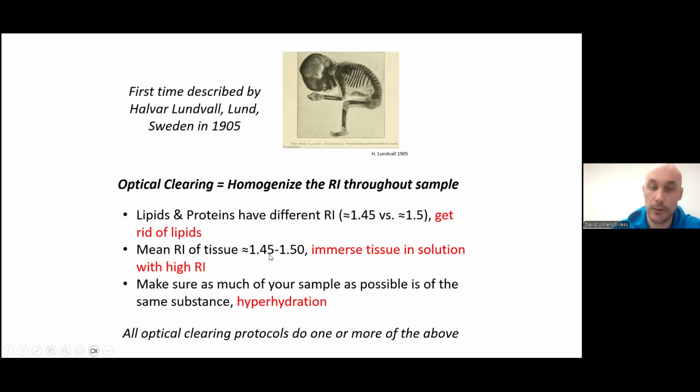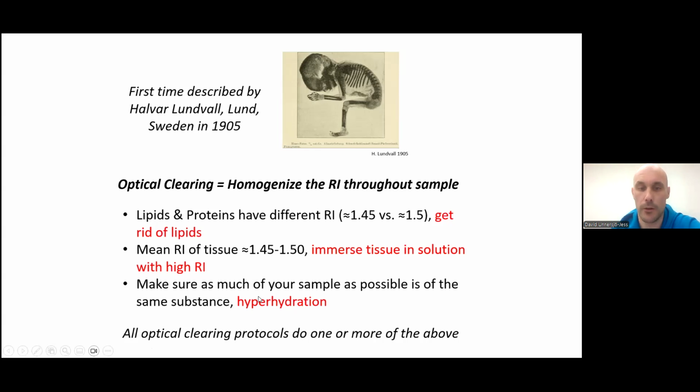And then the mean refractive index of tissue is high. So if we immerse the sample in water, we will have a lot of refractive index differences due to this. So we can just immerse the sample in a solution with high refractive index, and this will also homogenize the refractive index.